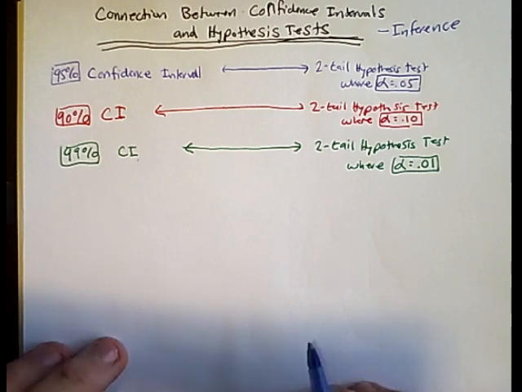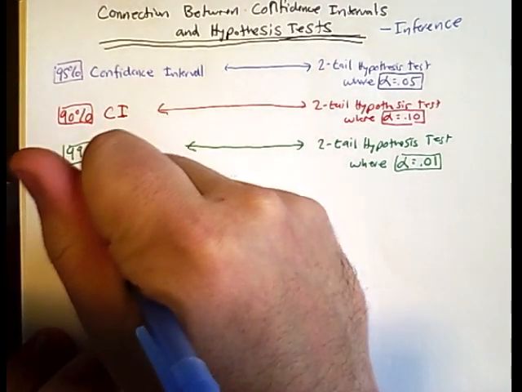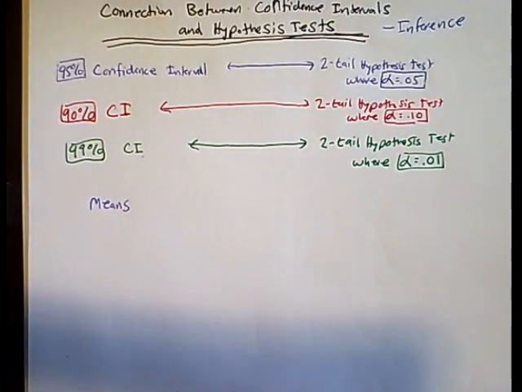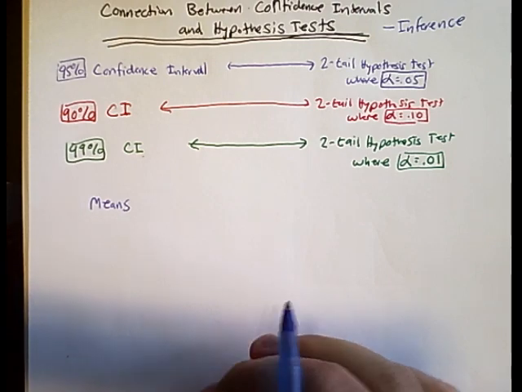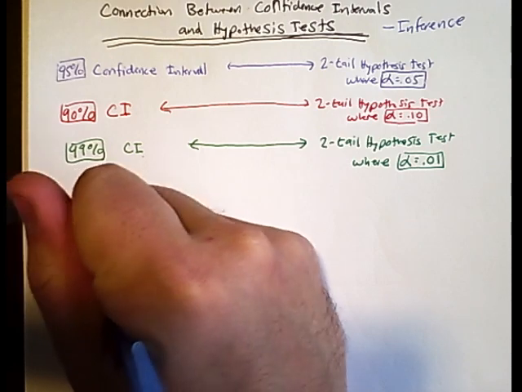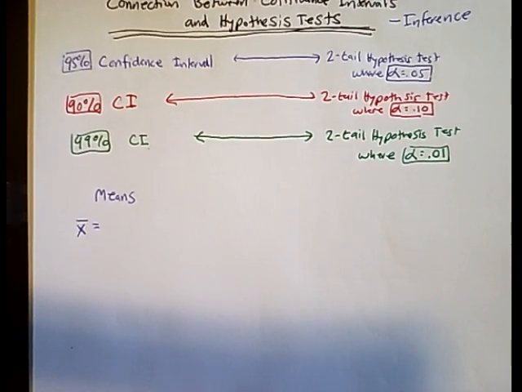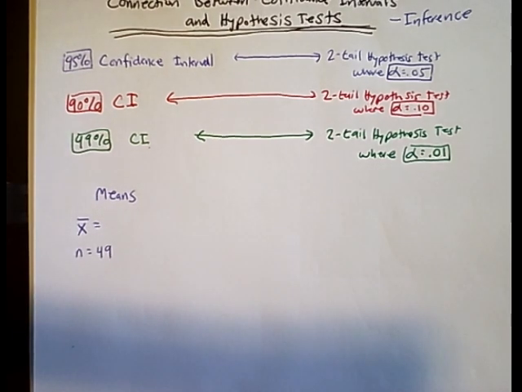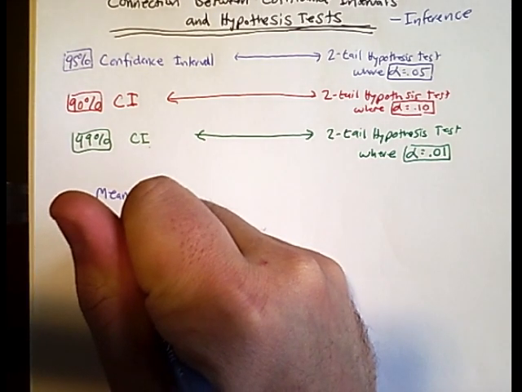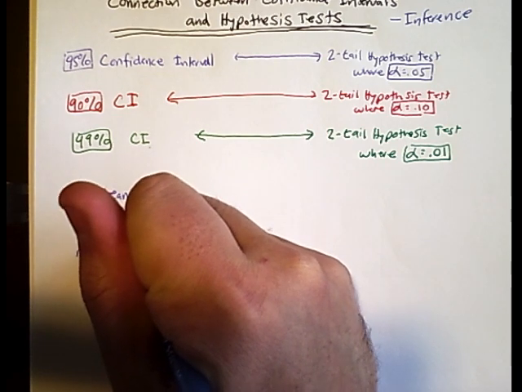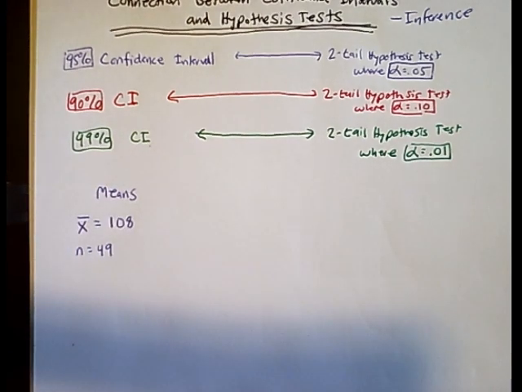Let's say that we're talking about a means problem, and since we've been talking about it just before and it's a good example, let's say we're talking about an IQ problem. Let's say we take a random sample of adult IQs, 49 people, and I measure their IQs and the mean IQ is 108.